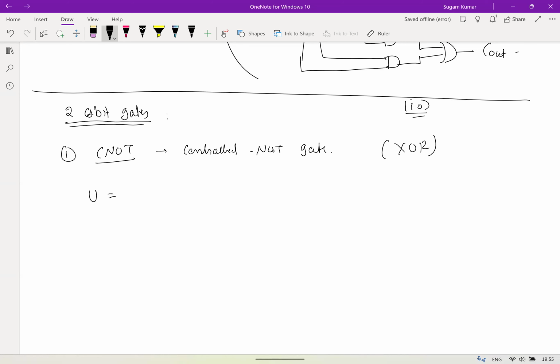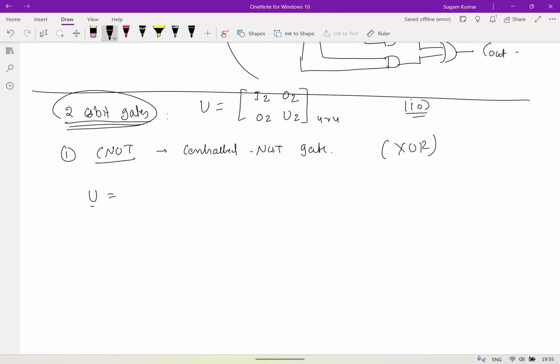This unitary operator for any 2 qubit gate, in general, we can represent like I2, O2, O2, and U2. But this is going to be a 4x4 matrix, in the 4-dimensional Hilbert space.